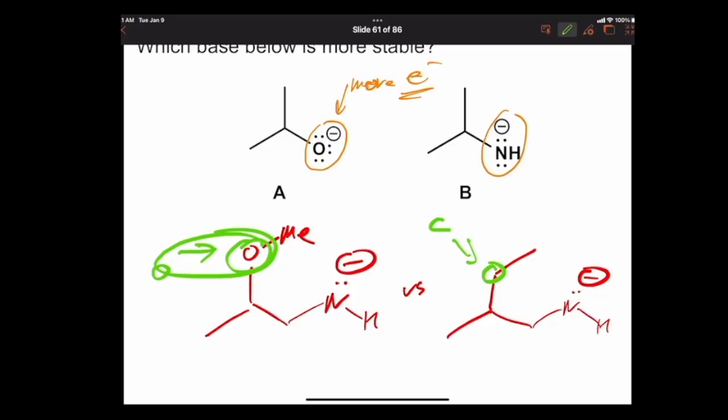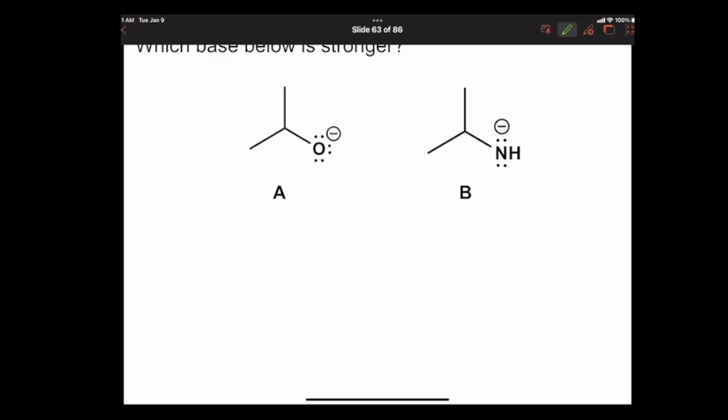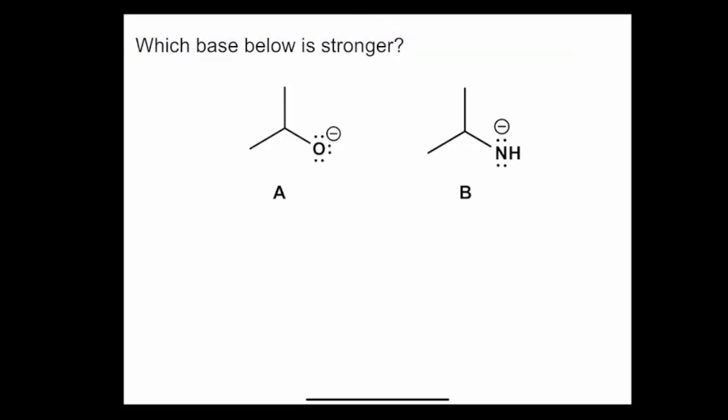So in the top one, oxygen versus nitrogen, that's easy. So which of these would you think is the stronger base? If we were to rank these, we said who's more stable, A or B? More stable is A. So if I had an equilibrium where these were on opposite sides, which way will it move towards?